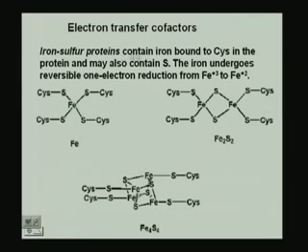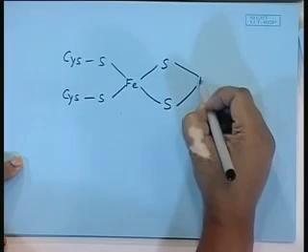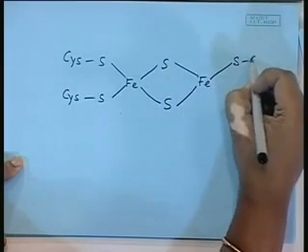These are the iron sulfur proteins that contain iron bound to cysteine in the protein and may also contain sulfur. For example, the one that's shown on the right hand here, you see there are 2 irons coordinated, 2 with cysteines and 2 with sulfur atoms. So, we have a structure with 2 cysteines which have their sulfur atoms associated with an iron atom, this again associated with another iron, this associated with the cysteine.